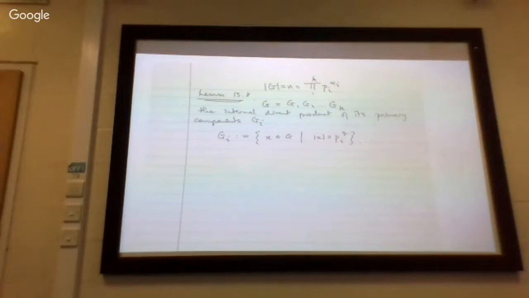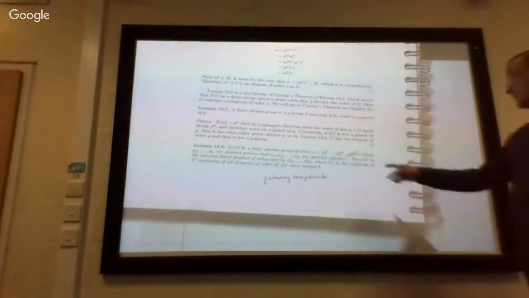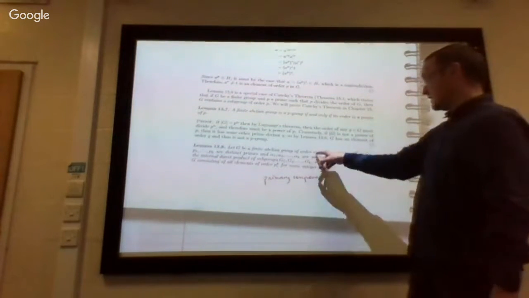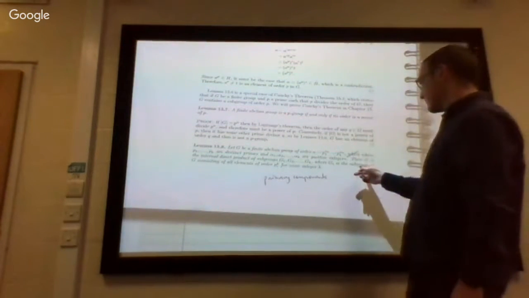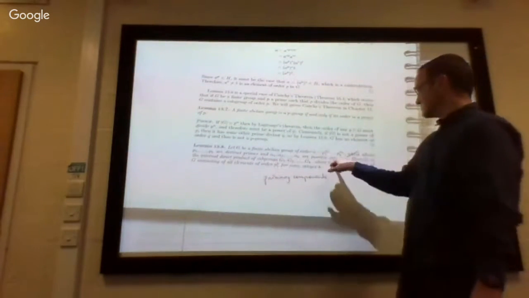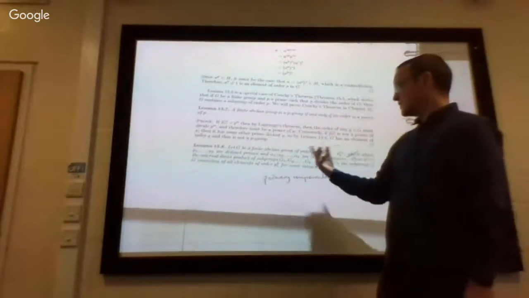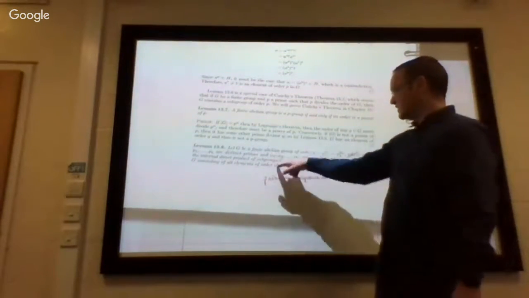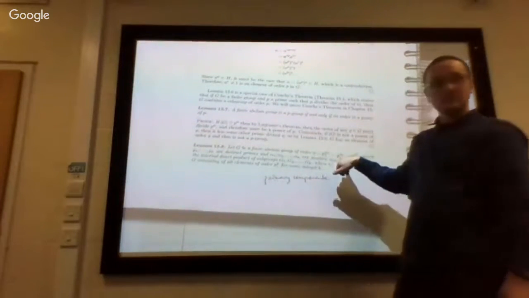Right then. There's a slight problem with the way he stated this. He stated it where k is the number of distinct prime factors in n. But then he also says G_i consists of all the elements of order p_i to the k for some integer k. It's unfortunate he reuses k here, but this k has nothing at all to do with that k.